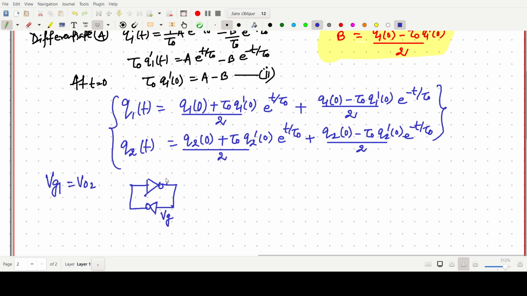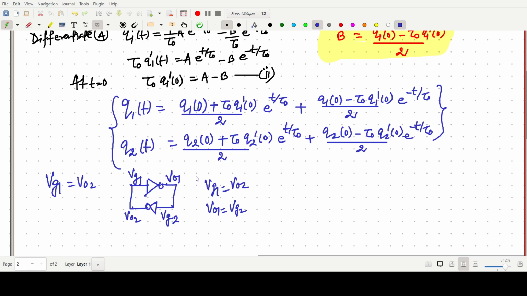Say I am saying this one is our V naught 1, and this one is our V naught 2. So VG1 is V naught 2, the output of this, and V naught 1 is VG2.